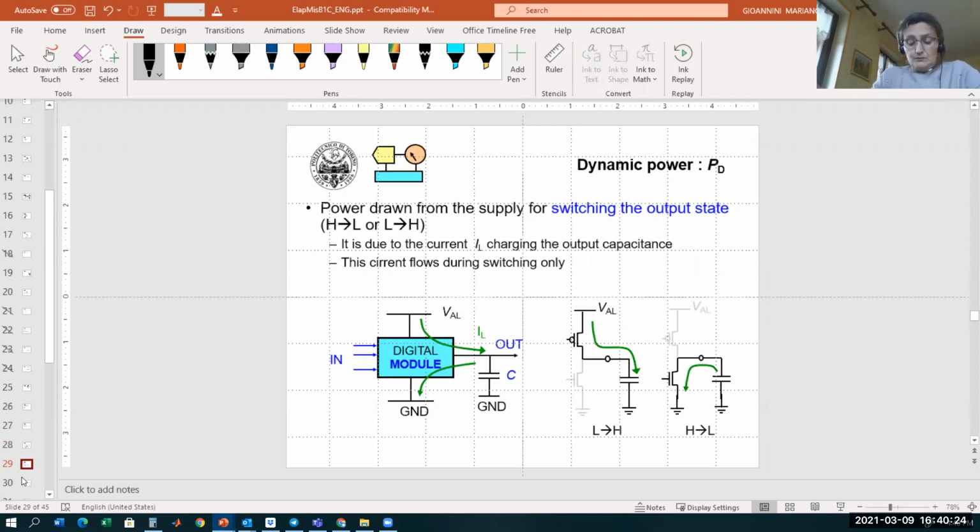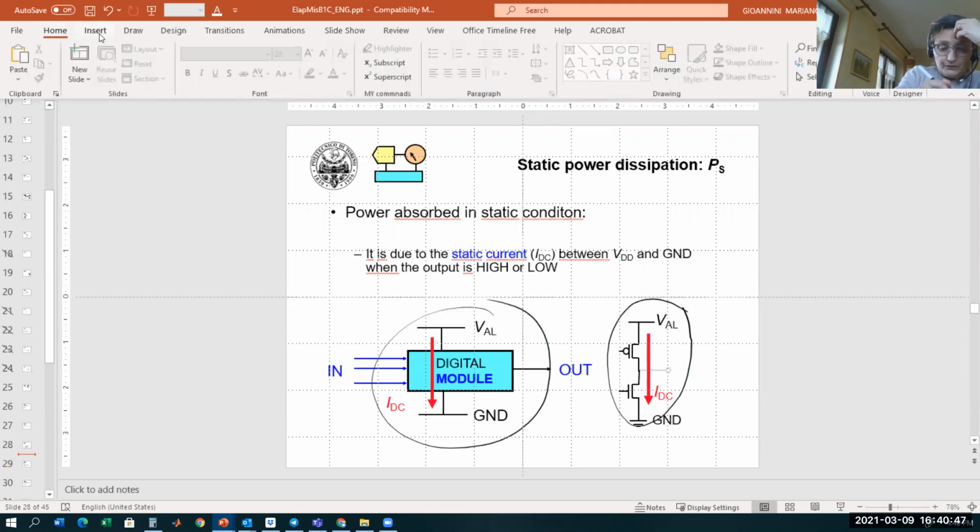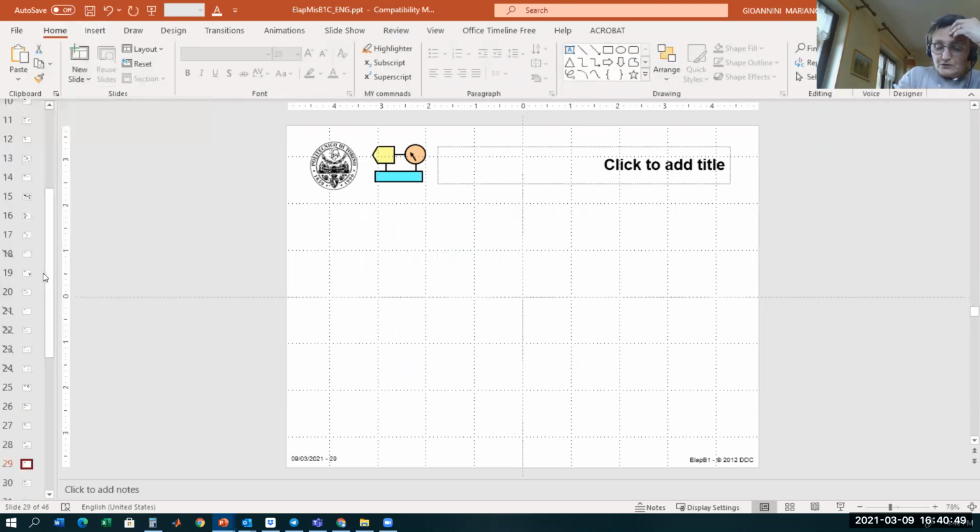We have that this is our module. And as we learned today, when you have the output of your digital circuit and you want to input it to another digital module, the problem is this one. You have this digital module.